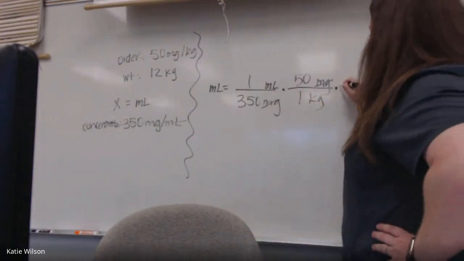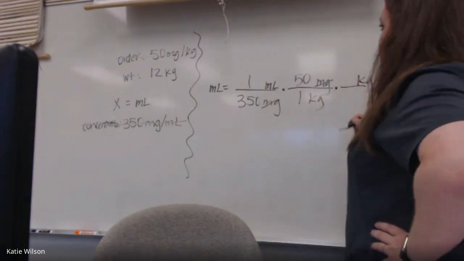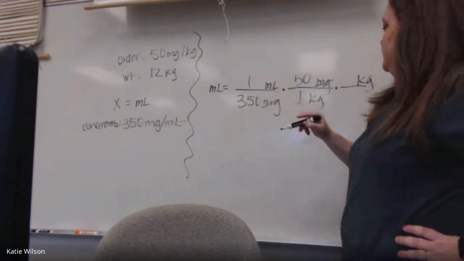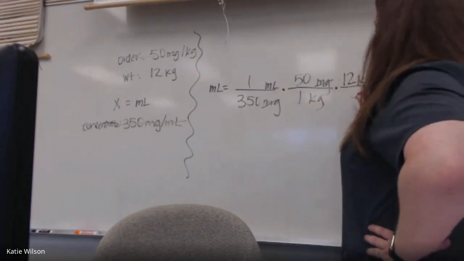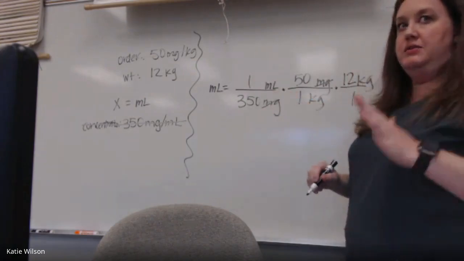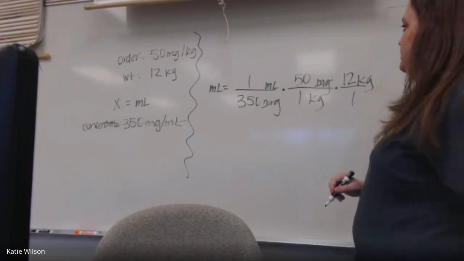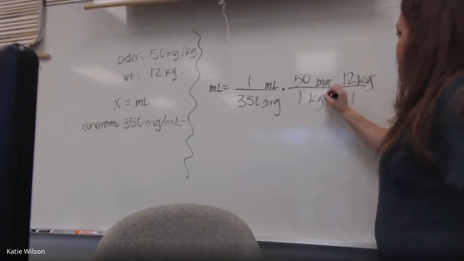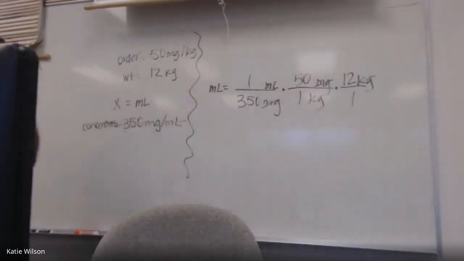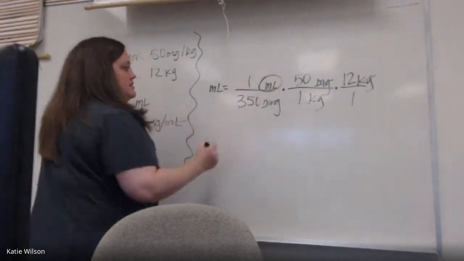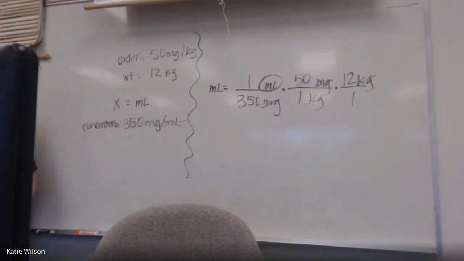I want to cancel out my kilograms. What do I have left over here? 12. I'm going to put it over 1 because there's no other information related to it. So that cancels out my kilograms. I have milliliters on top left, and everything else is canceled out, so I know that I've set my problem up correctly.